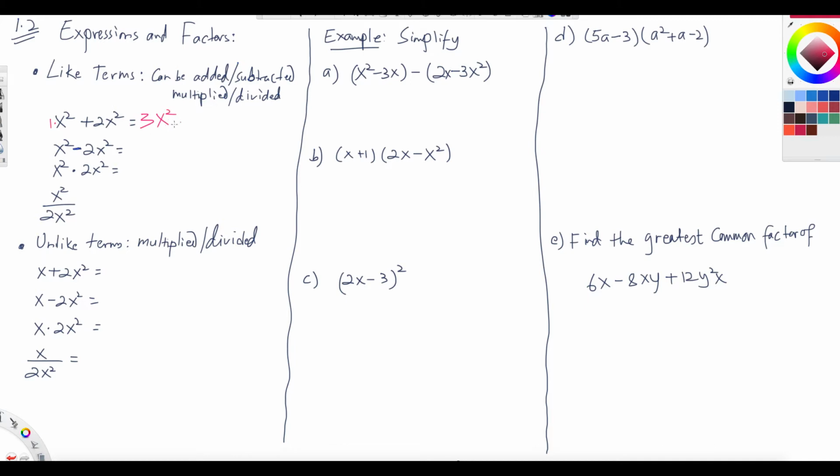Okay, that is 3x square. If you want to subtract, you do exactly the subtraction of the coefficients. That means the number multiplying that is 1. So 1 minus 2 is negative 1, and then there is x square. There was 1 plus 2 is 3, and then for x square and x square, you write only 1x square. But when you multiply, what you do is you multiply the numbers.